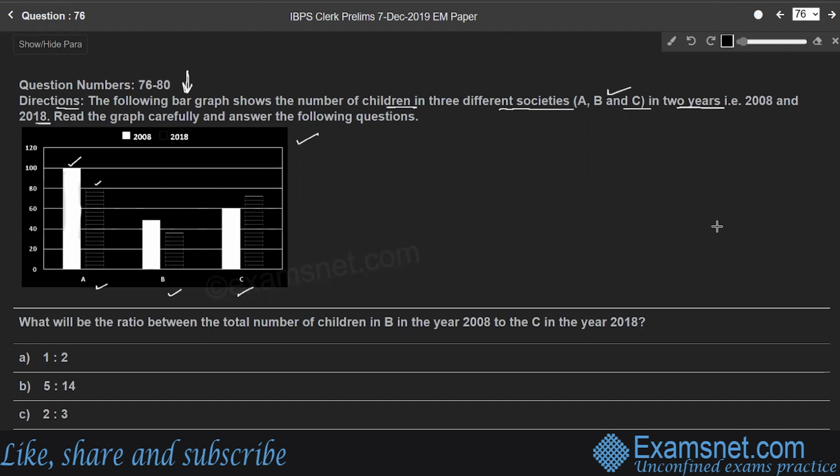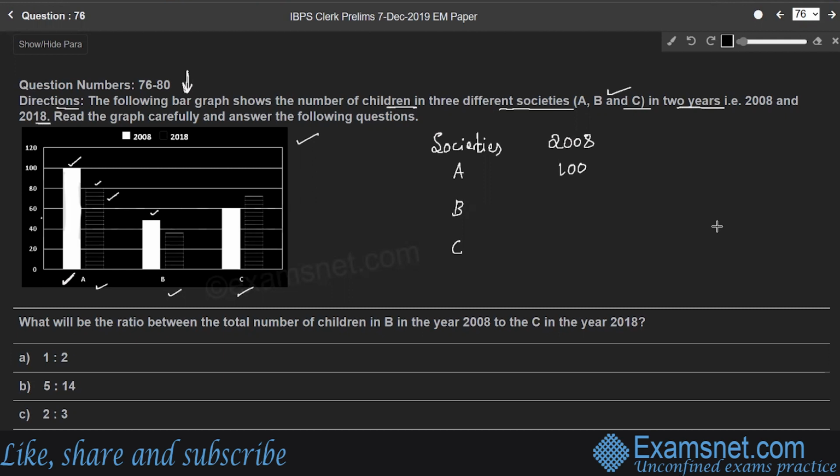So let us make a column in which the societies are A, B, and C. In 2008, the number of children in society A, the shaded part, is 100 children. Whereas in society B, there are 48.